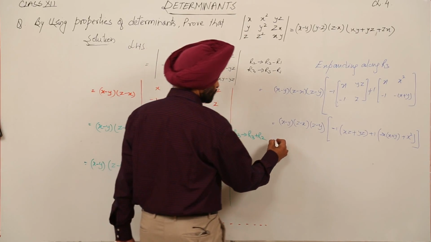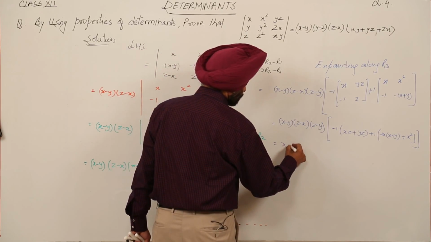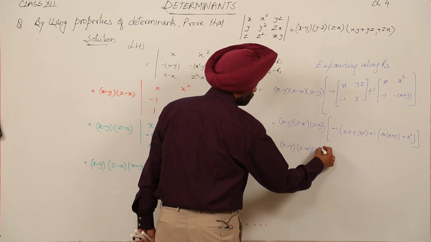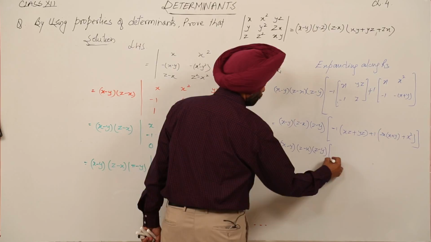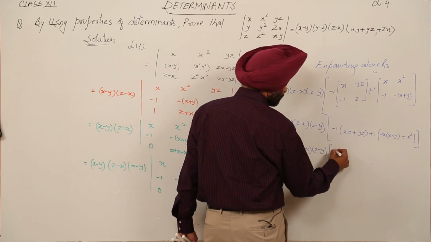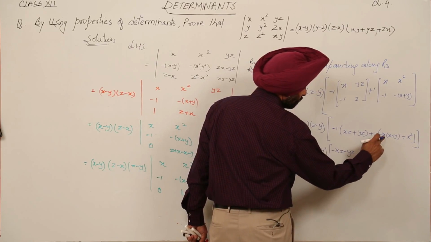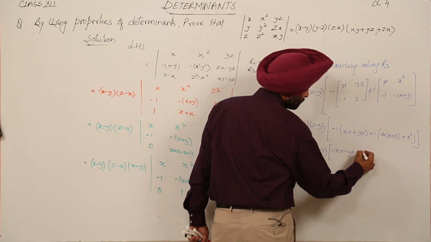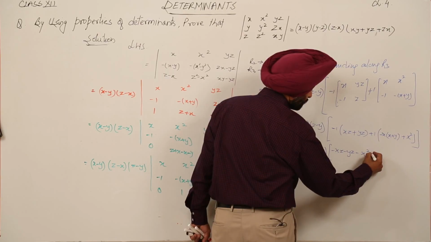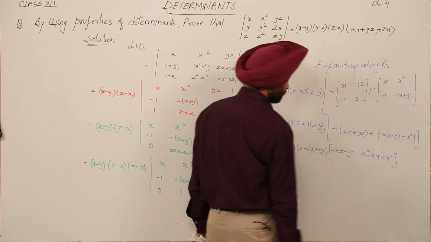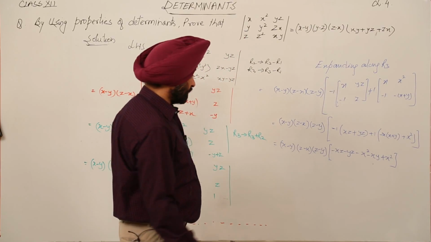Okay, so further this becomes x minus y, z minus x, z minus y. Now minus xz minus yz, minus x square minus xy plus x square. Is it clear?